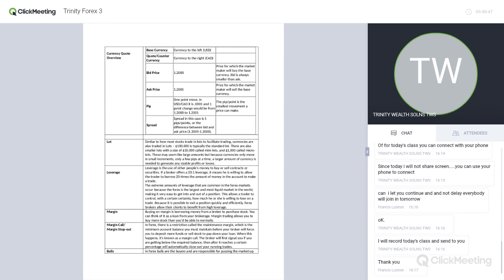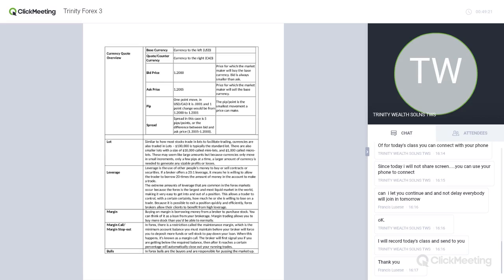So in this quotation, when you're selling, you look at the bid price, because that is the price the dealer is willing to buy from you. If the bid price is 1.2000, for you to sell 1 unit of USD, the base currency, the other person will give you 1.2 units of CAD, because CAD is the quoted currency.